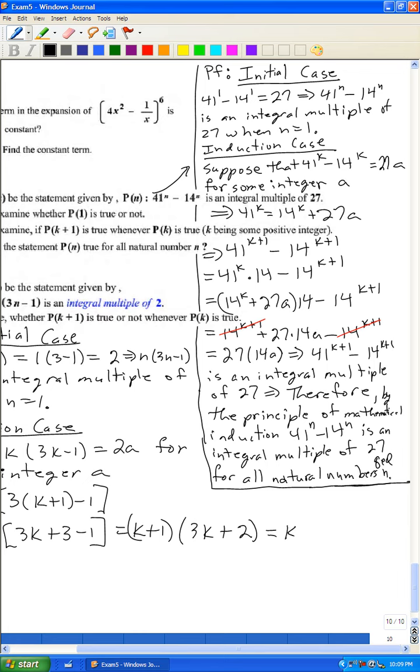I want to write this actually, if I can, with the minus 1 plus 3.